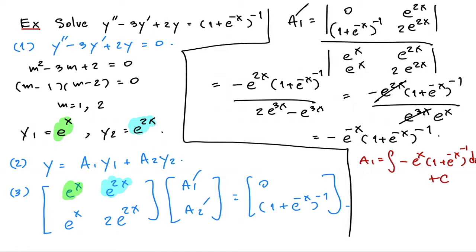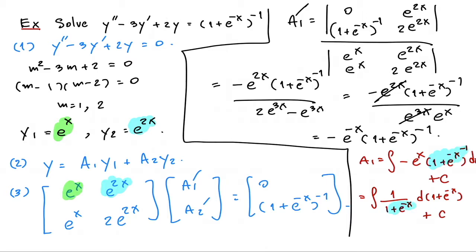To integrate that, it is the integral of 1 over 1 plus e to the minus x, d of (1 plus e to the minus x), plus c. Make sense? This guy, I flip it down here.